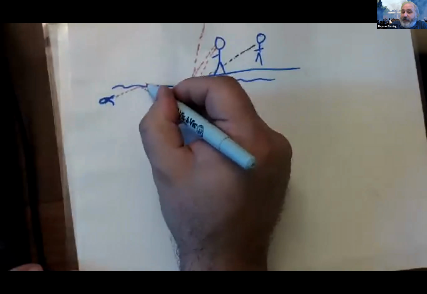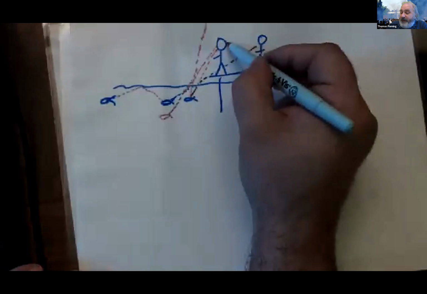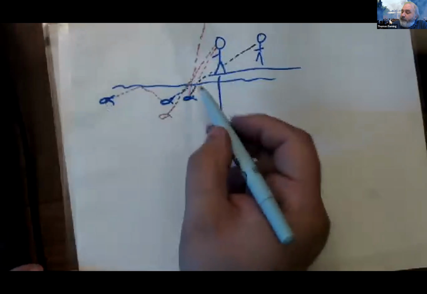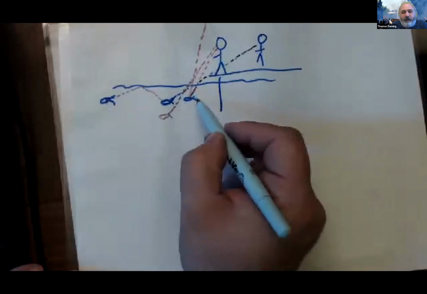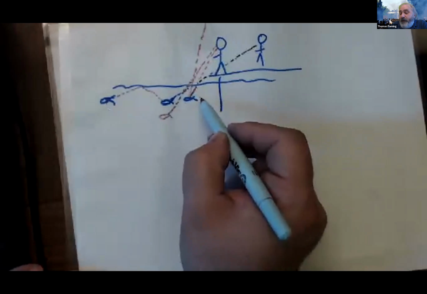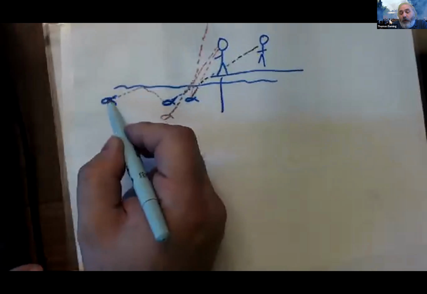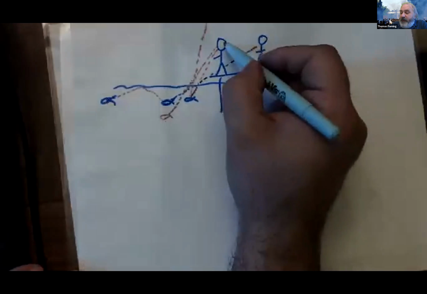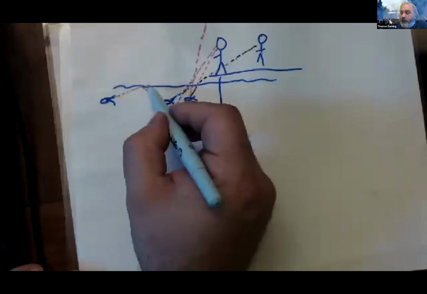None of the light leaves at all, which means you can't see this fish at all. So fishes that are up here right underneath you, you're going to see them, but they're going to appear to be in a slightly different location than they really are. Fishes that are way over here, you can't see at all. So looking out here, you're just going to see nothing but the surface of the water, whereas things that are right up next to you, you can maybe perceive objects under the surface of the water.